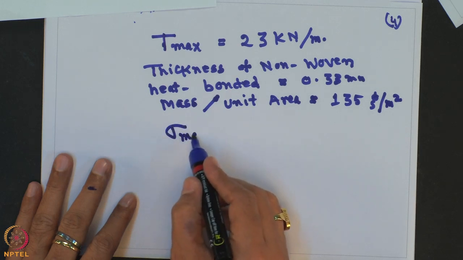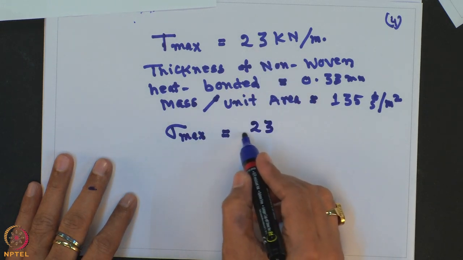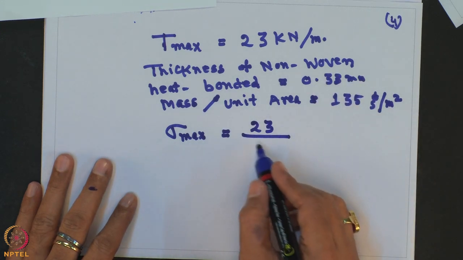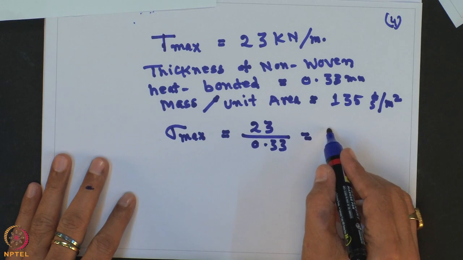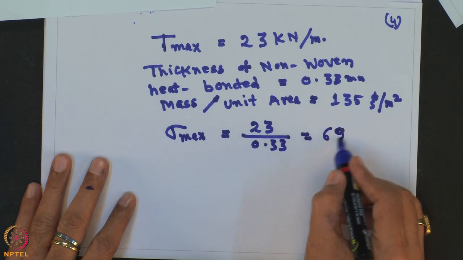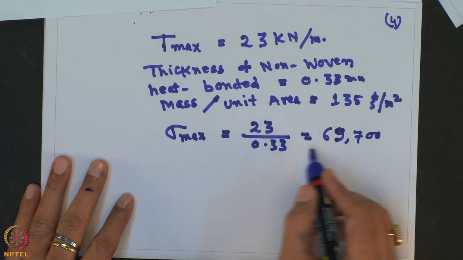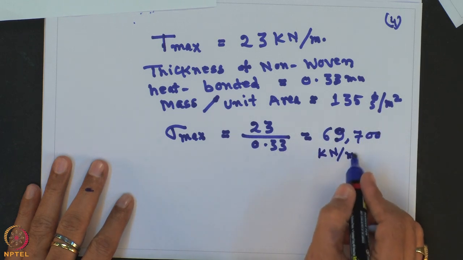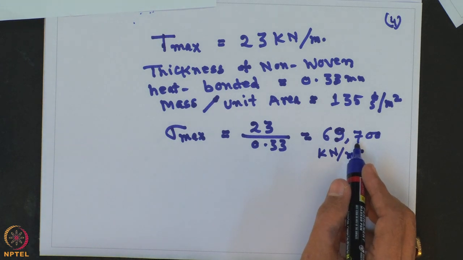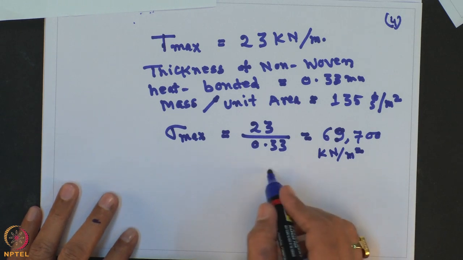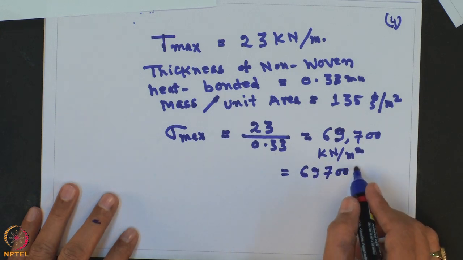So, sigma maximum will be equal to 23 divided by the thickness 0.33. This gives the maximum stress as about 69,700 kilonewton per meter square, or 69,700 kilopascal.